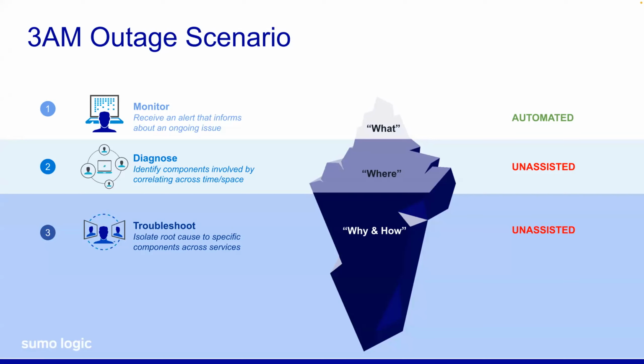So you start with an alert, you get notified that some issue is going on. From there, you have to diagnose and identify components that are to blame. What could be potentially causing this issue? Is it even a valid issue or not? And if it's a valid issue, what could be causing it?